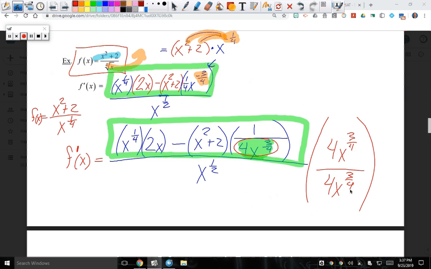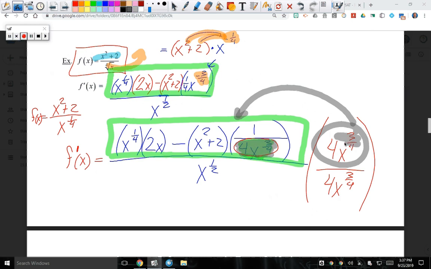Watch carefully. Okay? If I multiply this here, what did I just cancel? I canceled this with this to a form of 1. I still have all of this left over, which is x squared plus 2.